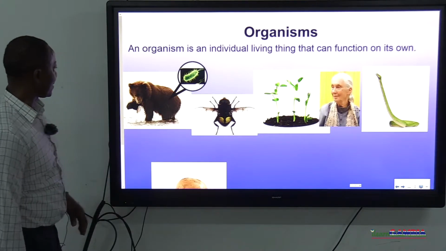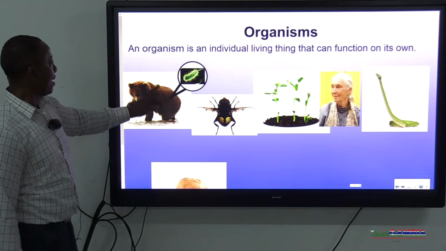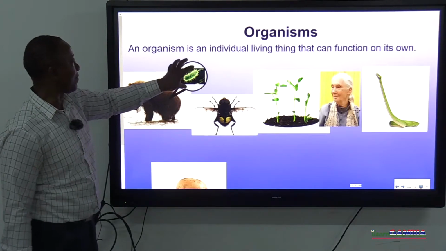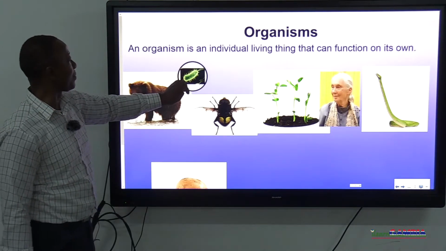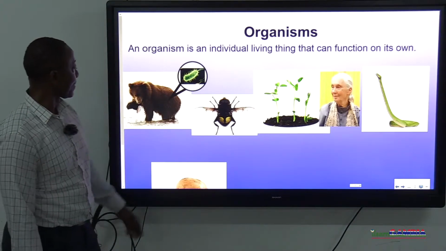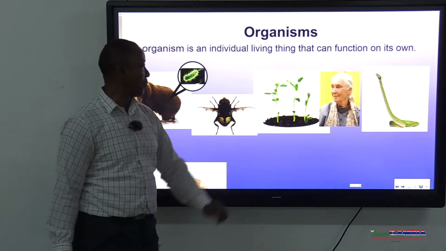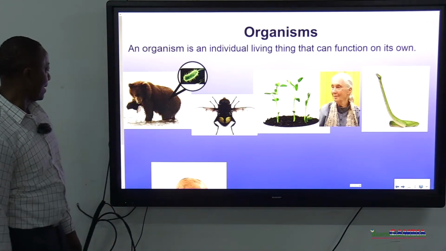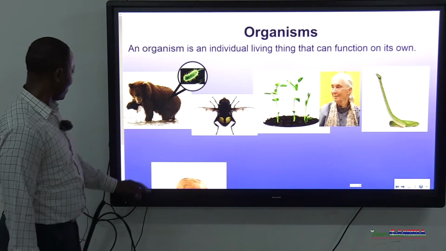That is an organism. So we have this bear, and on the bear you have bacteria. The bacteria is an organism because it's capable of living on its own. It's capable of carrying out respiration, movement, and all these other things. The housefly, some young seedlings, us human beings, a snake, and there is even more here.